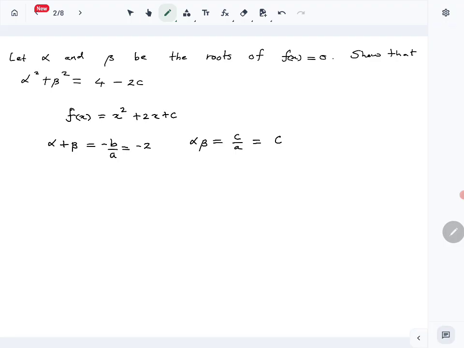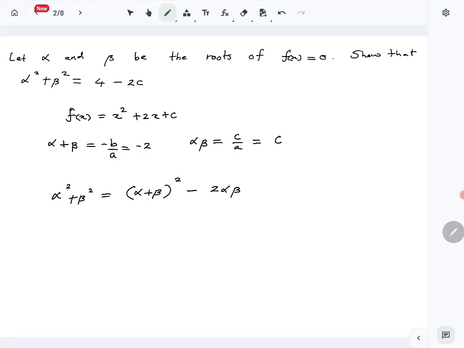So now let's try to find alpha squared plus beta squared. This is what? Alpha squared plus beta squared is what? (Alpha plus beta) whole squared minus 2 alpha beta. So we can use this to get the answer. Alpha plus beta is what?